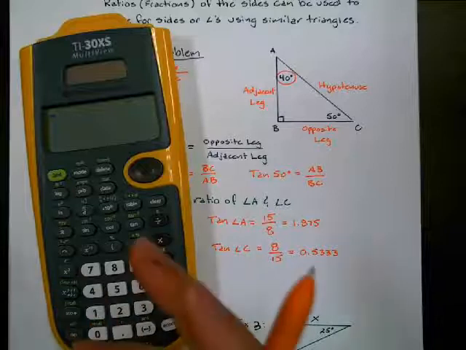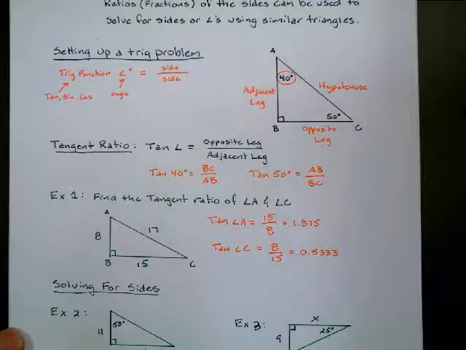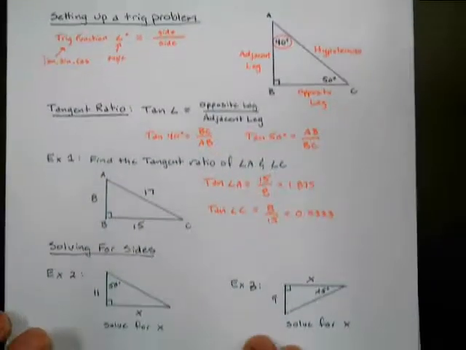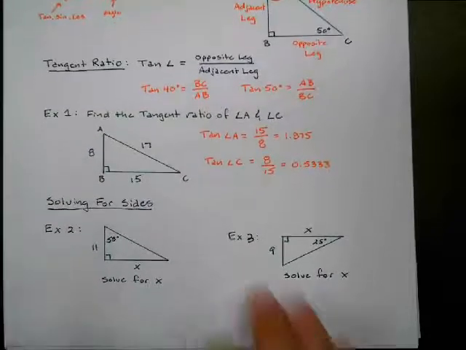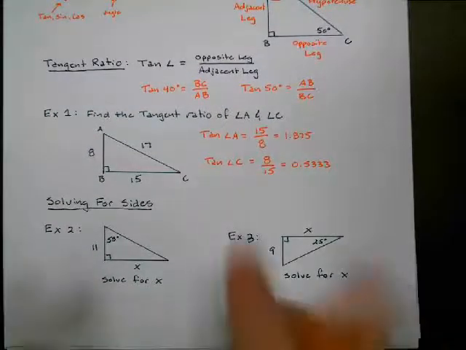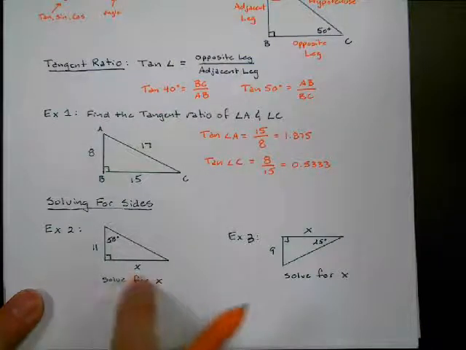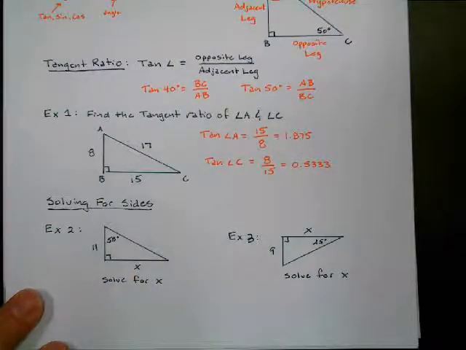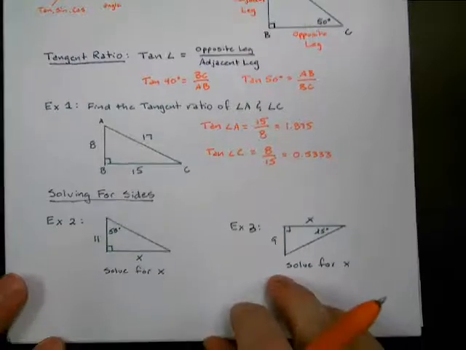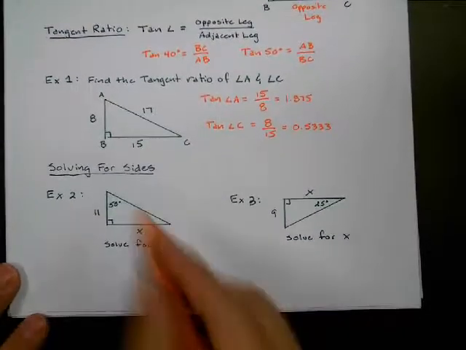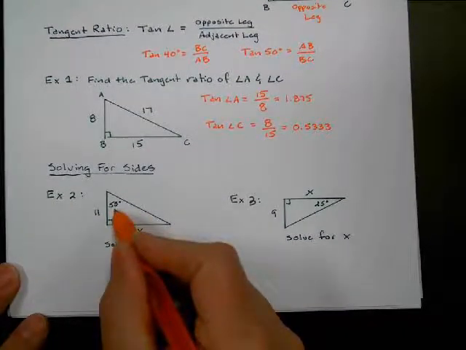Now we're going to use that to actually solve a problem here. Okay, so we've learned how to set them up, how to find a ratio. Now we're going to actually learn how to solve these types of problems. So in this first problem, I've got 58 degrees. So that's going to be the angle that I'm focusing on.